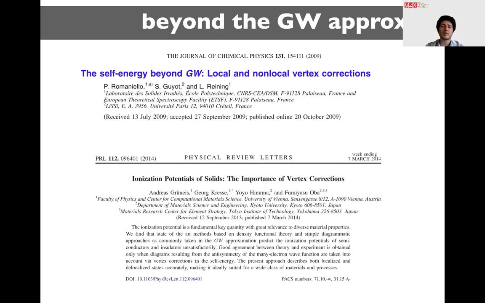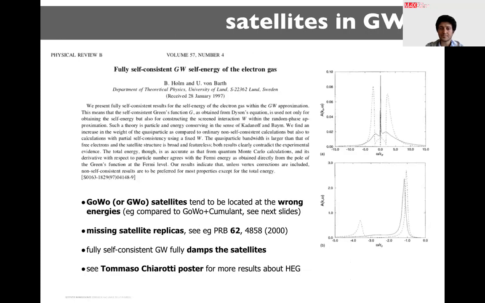Second thing is GW comes from an approximation to the Hedin's equations where vertex are neglected, and so corrections beyond GW basically include vertex in the treatment. This is a very complex and still very lively field of discussion in the literature.